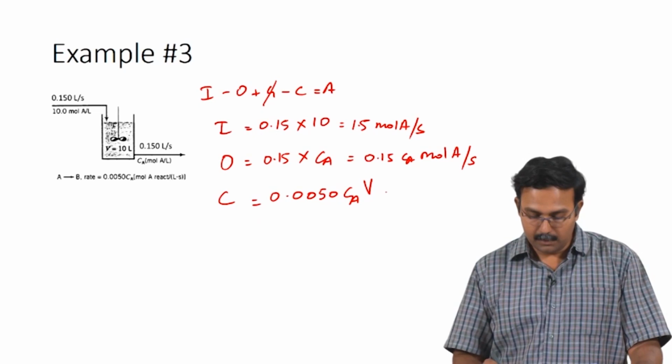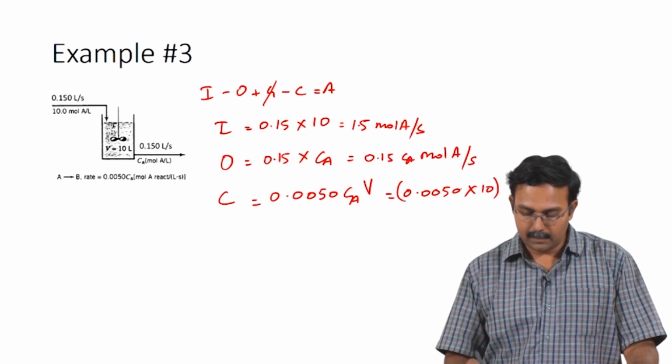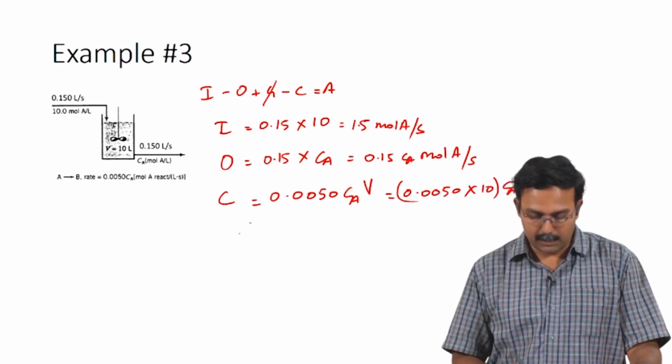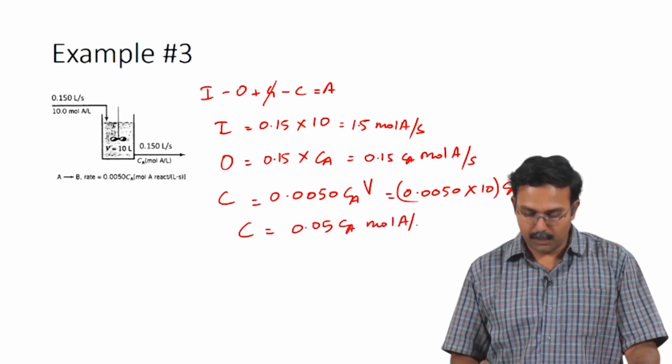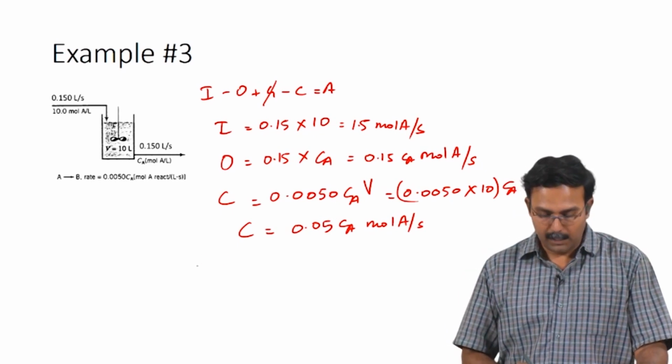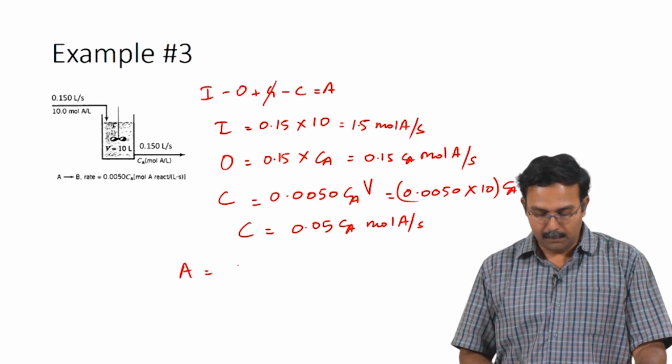So, this would give 0.0050 times 10 CA. So, your consumption term is actually equal to 0.05 CA, which would again be in terms of moles of A per second. The accumulation term, as we had already described, would basically be d times the number of moles of A by dt.